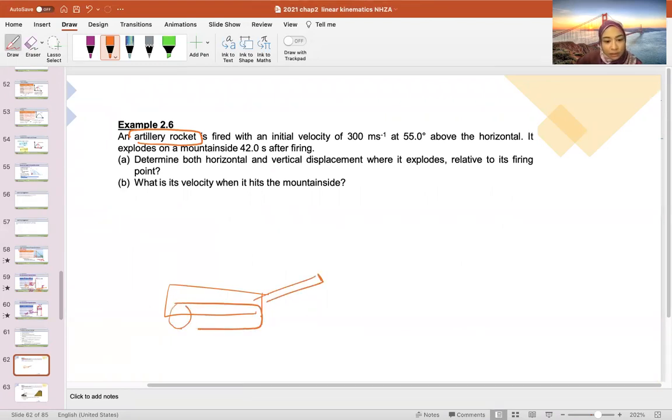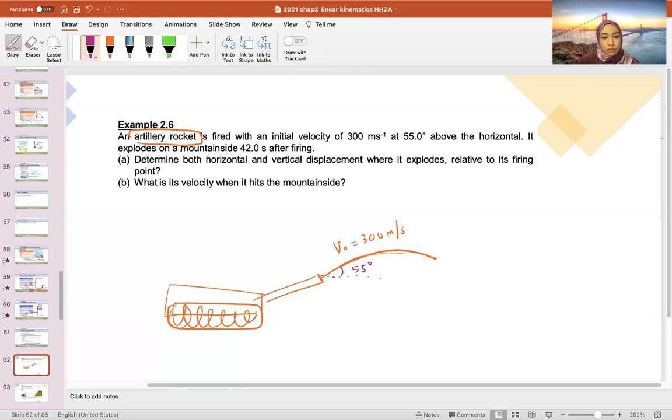Oh, the tank's wheels are like this. Whatever. Okay. It's fired with an initial velocity of 300. V naught is 300 meters per second at 55.0 degrees above the horizontal. So the launching angle is 55 degrees.